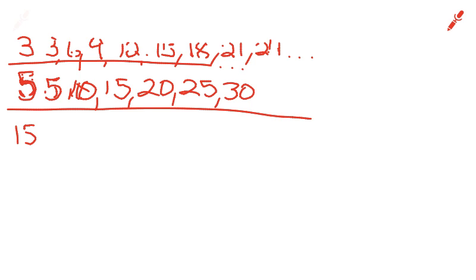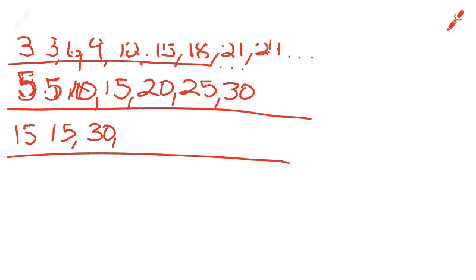And then our multiples for 15 will be 15, 30, 45, 60. These are getting big already. I'm going to stop there. Dot, dot, dot. Up here, I didn't do a dot, dot, dot.